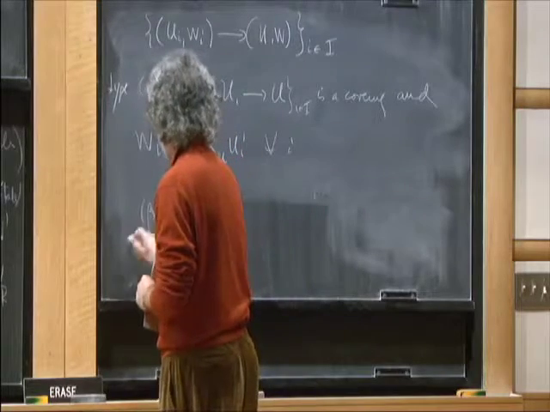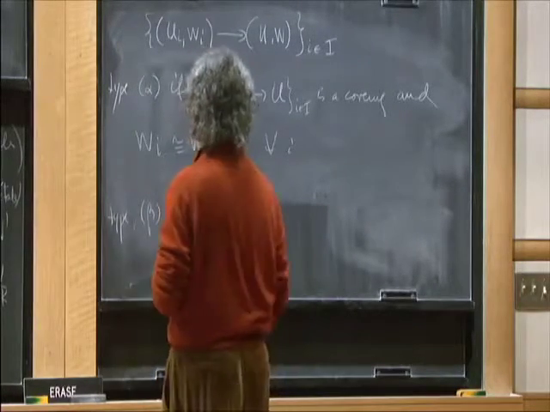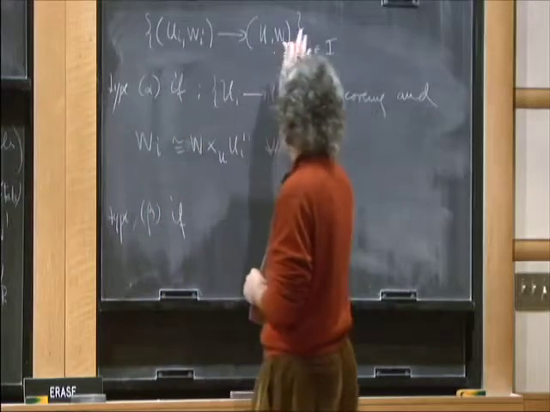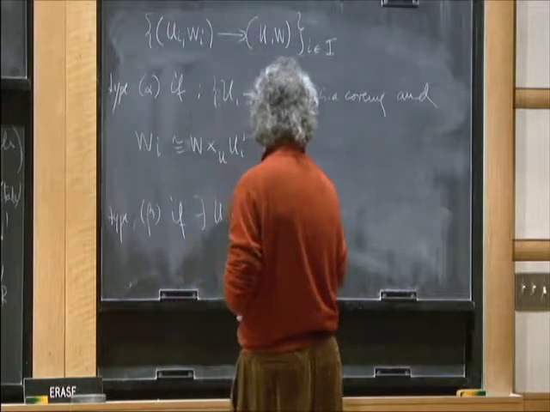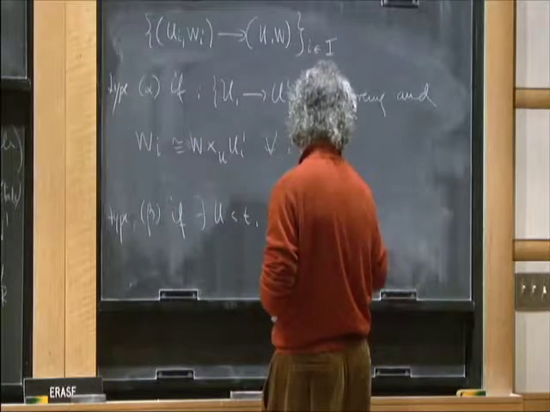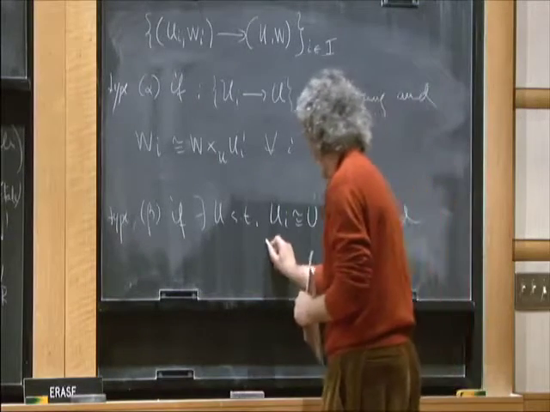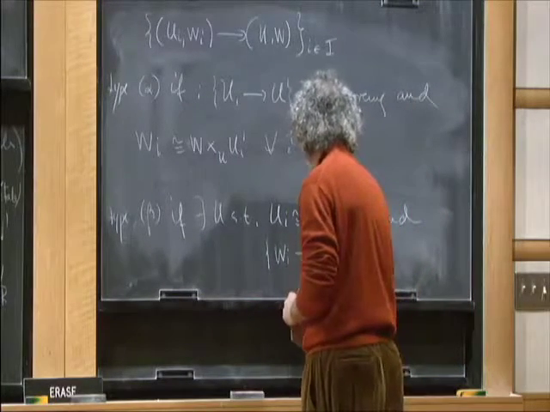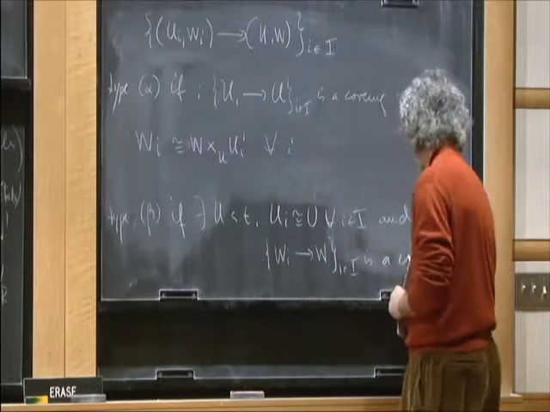And we'll say that it is of type beta if all the U_i are isomorphic, so there is some U such that U_i is isomorphic to U for all i, and the family W_i to W is a covering.